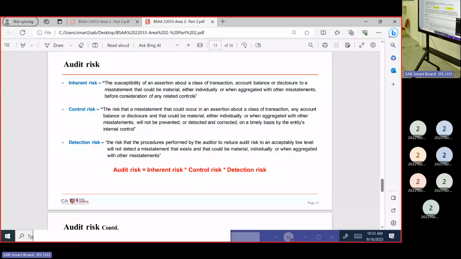Can you say that business risk will 100% impact the audit? Do you agree with me? Business risk won't impact the audit risk. Do you agree with me? What's the relationship? What's the definition for business risk? Is that a part of audit risk? Yes, part of audit risk, but not 100%.